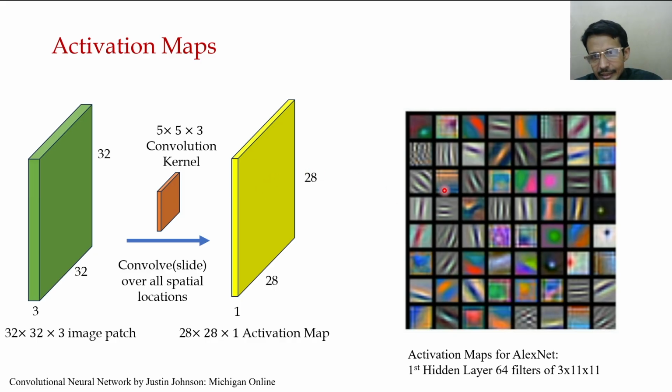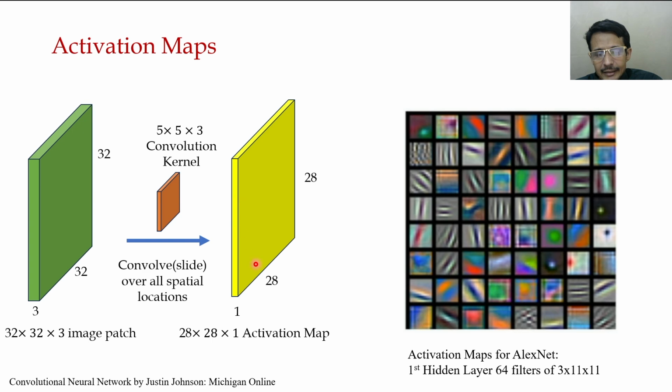We can look at a very practical example. This will come in our next lecture, the AlexNet structure. It is a very renowned deep learning network, or convolution net, and the activation maps for its first hidden layer look like this. Here you can see there are 64 filters, that means convolution kernels.